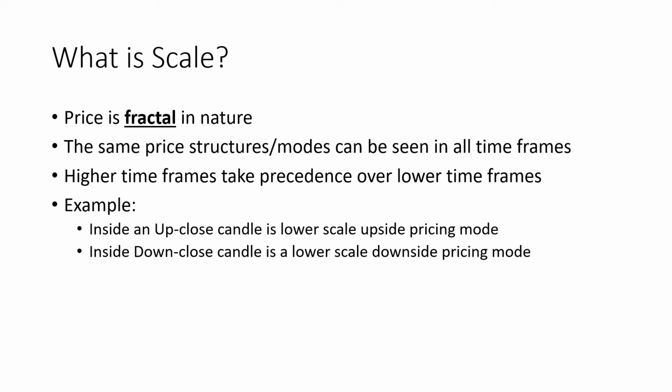So if we see just one big candle, inside that candle we're going to have upside pricing mode. Similarly, with a down close candle, if we have a big red candle, on the inside of that candle we're going to find downside pricing mode throughout on all scales, because price is moving down, and the way it moves down is the same way it moves down on a larger scale. So we can expect the same type of price movement.